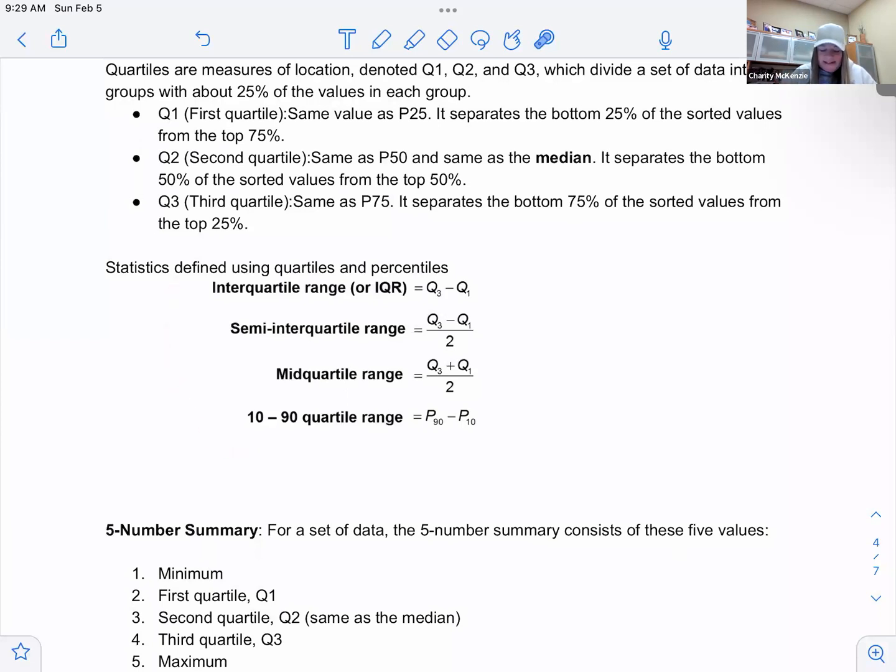Here are some more things. IQR comes up because it helps us with outliers. That's just the range of the middle 2 quartiles. So quartile 3 and 1, you subtract them. It's like the range of the inside. That becomes important for finding outliers because it's part of the formula.